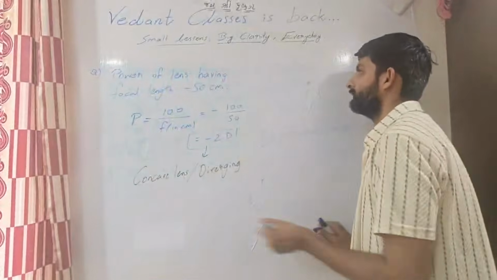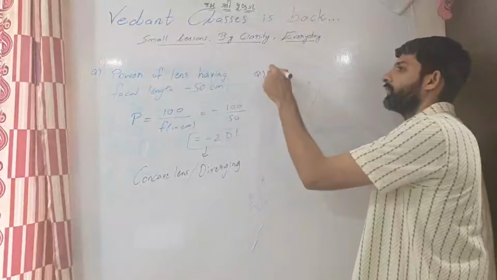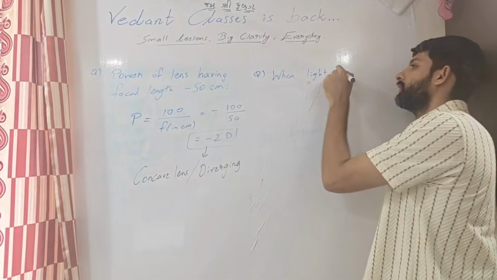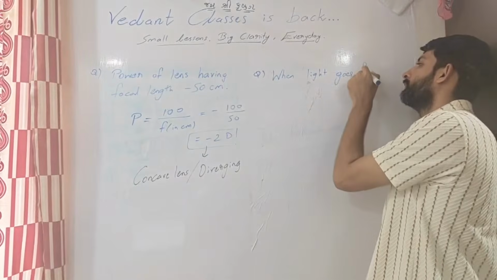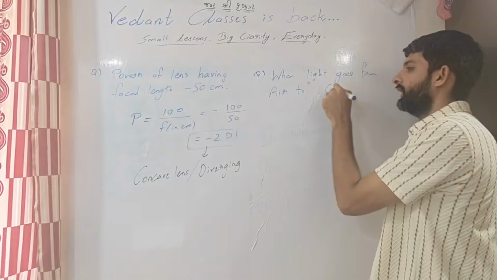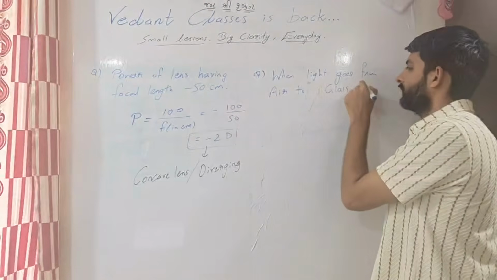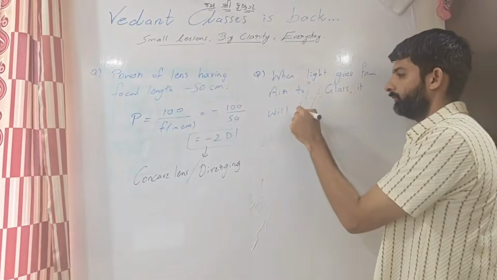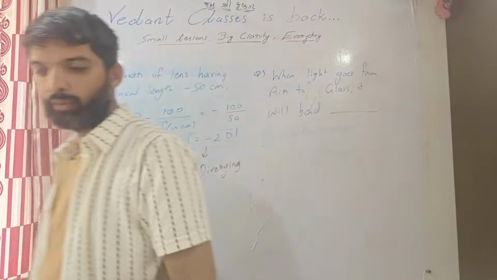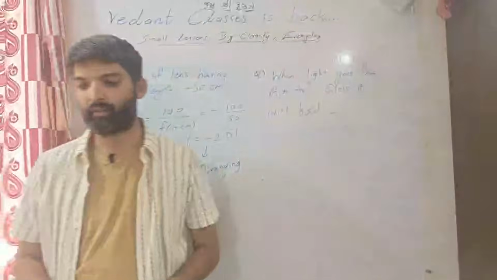Let's see the next question. When light goes from air to glass, it will bend blank. From air to glass, it will bend blank.